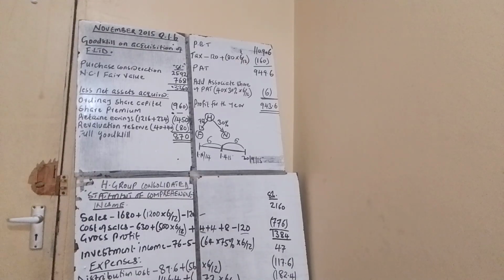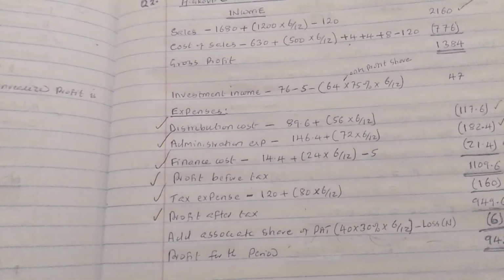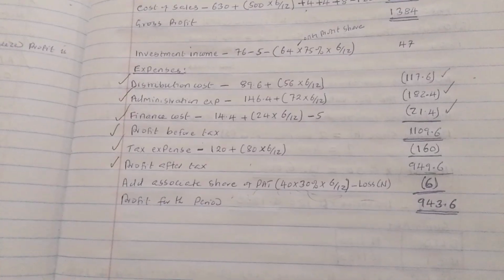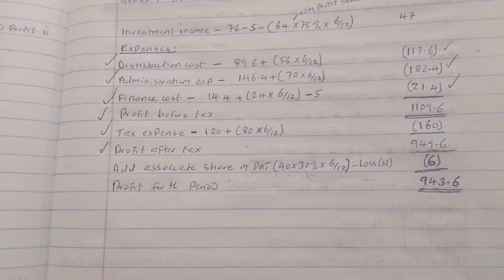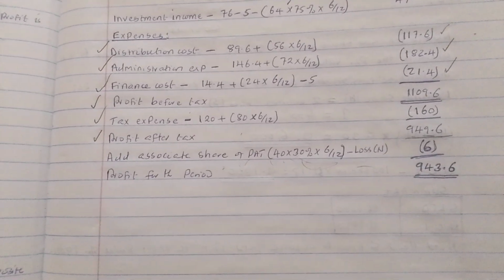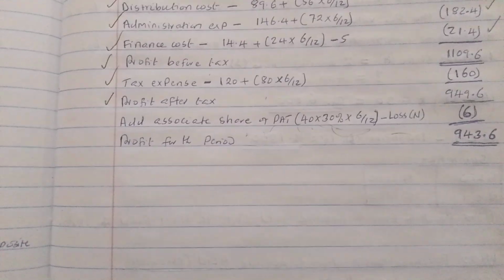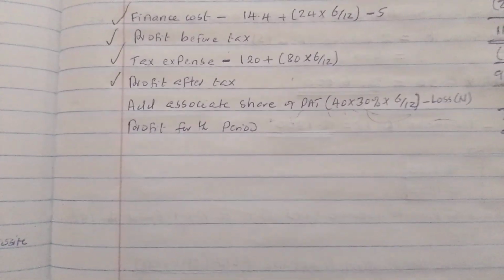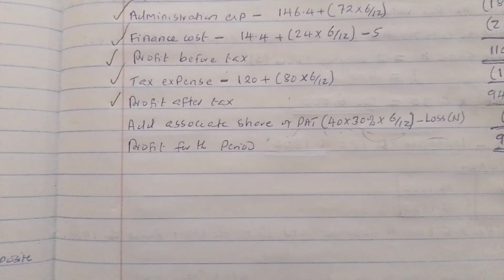Then when you less all that, you can just check your expenses: distribution cost, administration cost, finance cost. You get profit before tax of 1,109.6.